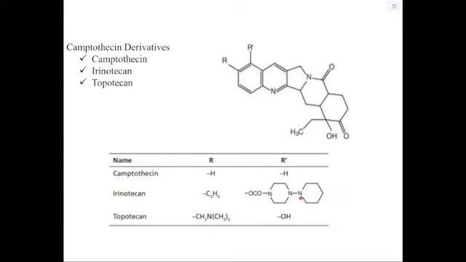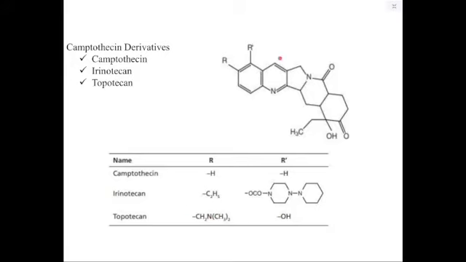So an ester joined to a piperidine ring, and of course there is an ethyl group. Then you have the topotecan. You can see this is a dimethylaminomethyl group, and the second group here is a hydroxyl group.